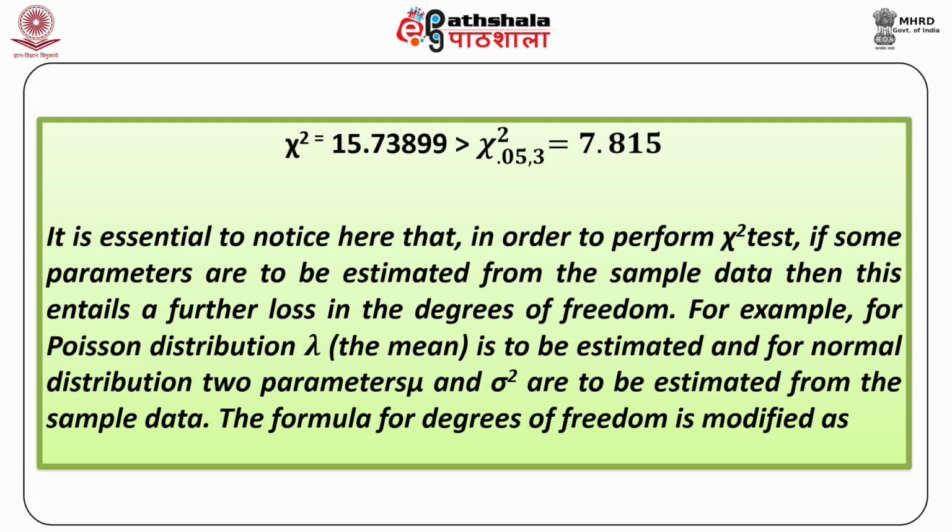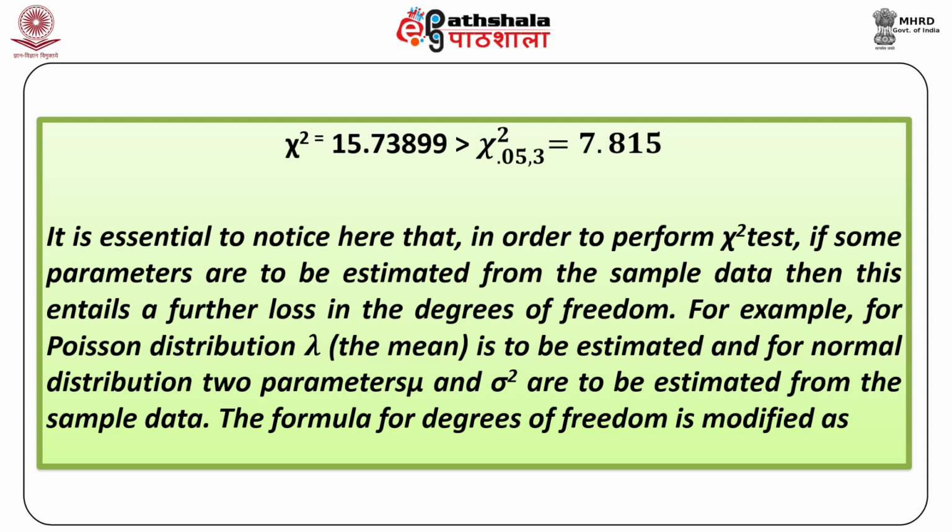Now, it is essential to notice here that in order to perform the chi-square test, if some parameters are to be estimated from the sample data, then this entails a further loss in the degrees of freedom. For example, for Poisson distribution, one parameter lambda is to be estimated, and for normal distribution, two parameters mu and sigma square are to be estimated from the sample data.